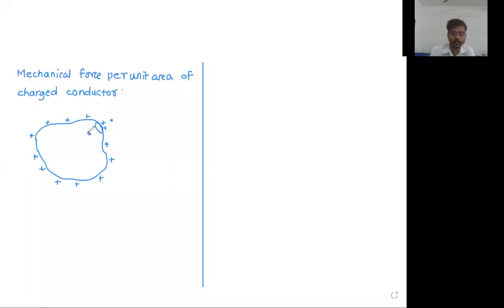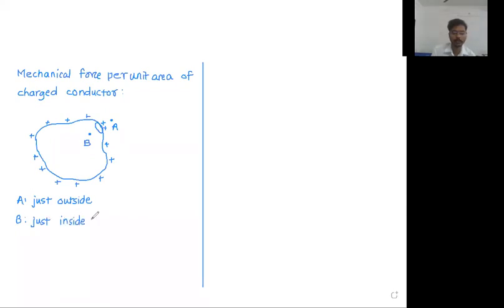Point B, the point which was just inside, is B. And point A was just outside. So write down near the diagram: point A is just outside, and point B is just inside.